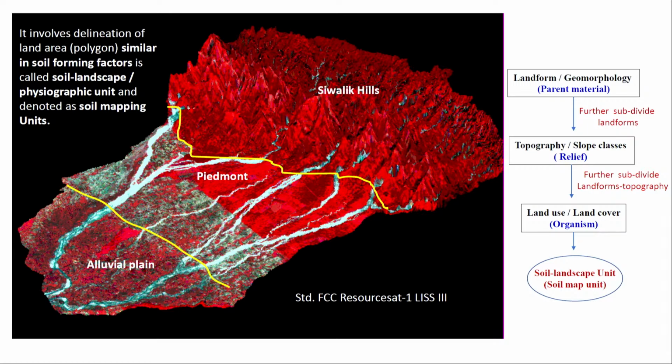So first you finish one parent material or one type of geomorphology, and for that you see topography and land use land cover both, and after finishing that you go for the second parent material type. In that way, by systematic interpretation, you get polygons, and those polygons are known as soil landscape units, and the area represented by those polygons will have similar soils. So in that area you can take the sample anywhere.